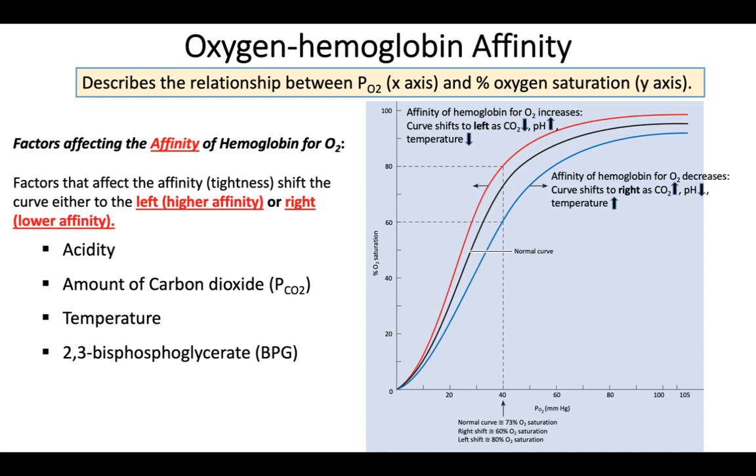That same muscle is not generating as much ATP, so it's not generating as much carbon dioxide, it's not becoming acidic, and it's not warm. That tells the same hemoglobin molecule that this tissue doesn't require as much oxygen because it's not as active. So the affinity won't decrease as much, and we don't deliver as much oxygen.